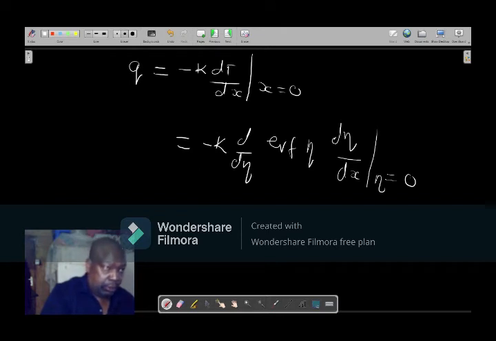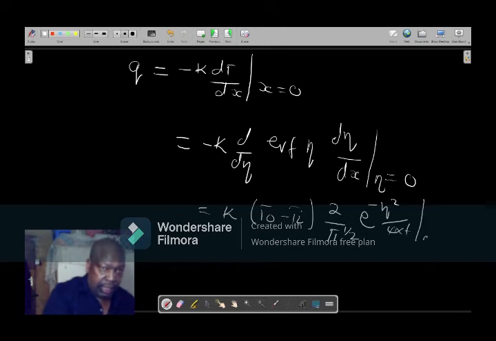So this is equal to k (T naught minus Ti) times 2 over pi to the power of a half, e raised to the power of minus eta squared over 4 alpha t, evaluated at eta equals 0.